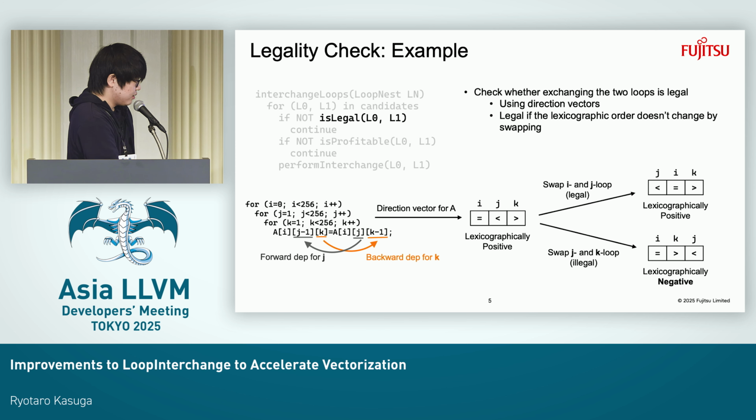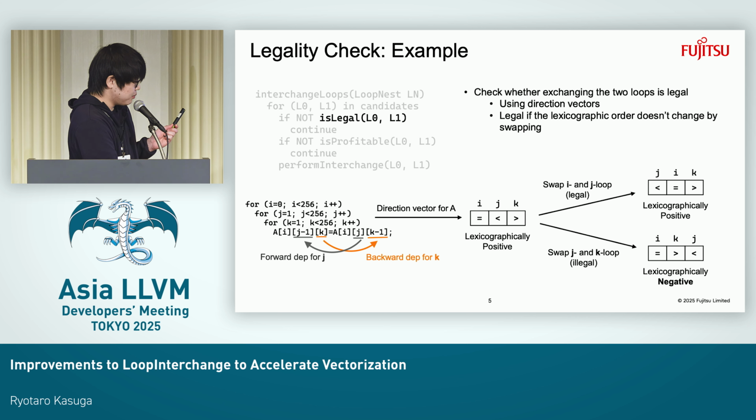The first one is the legality check. This example shows an overview of what the legality check does. This is the bottom left example. In this case, there are 3 loops, and the array A is accessed in the loop body.